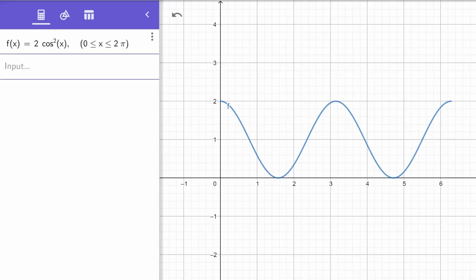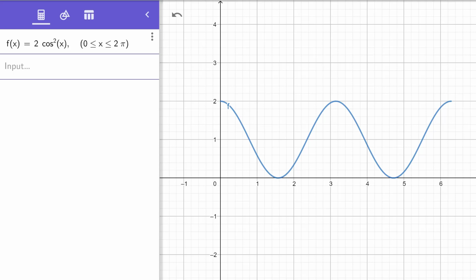So I use a graphing calculator, a software, to plot the graph of the cosine squared of a function with the variable x, and here I choose 2 as the magnitude of this function, just an arbitrary number to illustrate the shape of the graph.